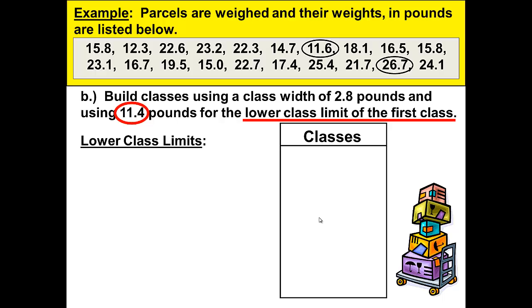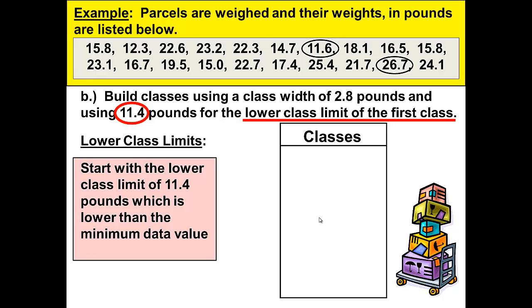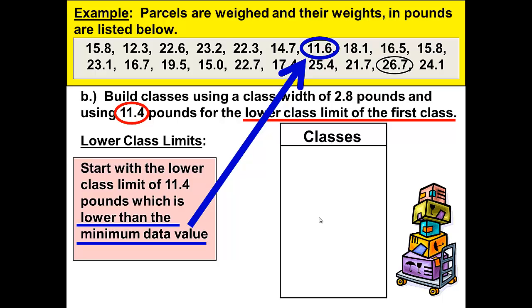Is this a good place to start? Well, we like numbers that end in zeros and 5s because they're easy to add with, but it tells us where to start, and it is a good place to start because it is below or lower than the minimum data value.